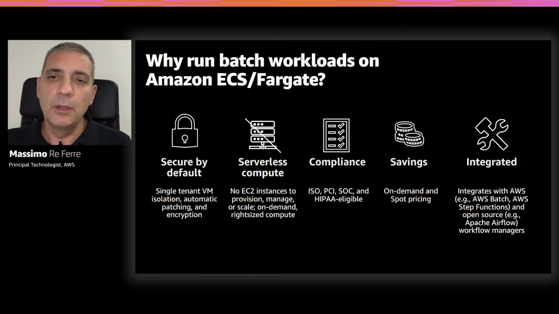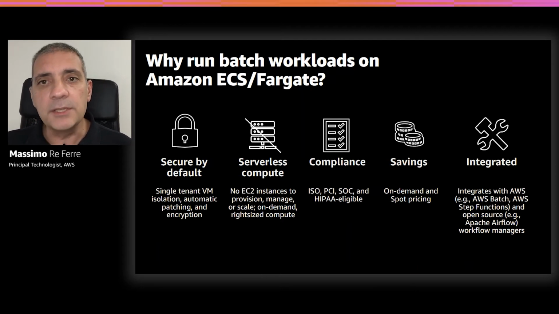Savings is another key point. Given that you're not managing an infrastructure, there is no way to waste that infrastructure. Typically, when you run an Amazon ECS cluster, there is a lot of infrastructure that you end up wasting because of how the scheduler works and how you want to run your workloads. With Fargate, given that you only pay for the task that you're launching, there is no spare capacity that you need to pay for.